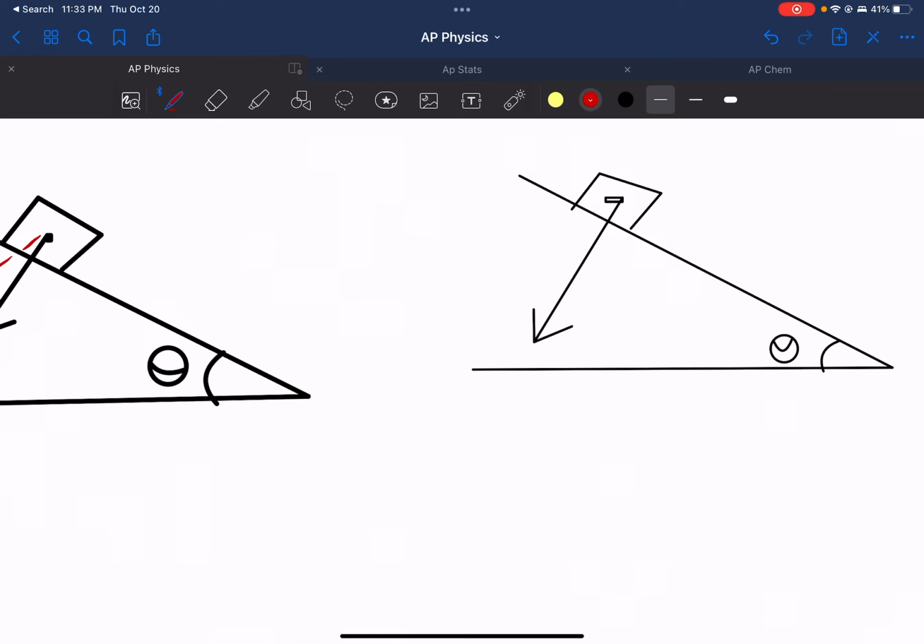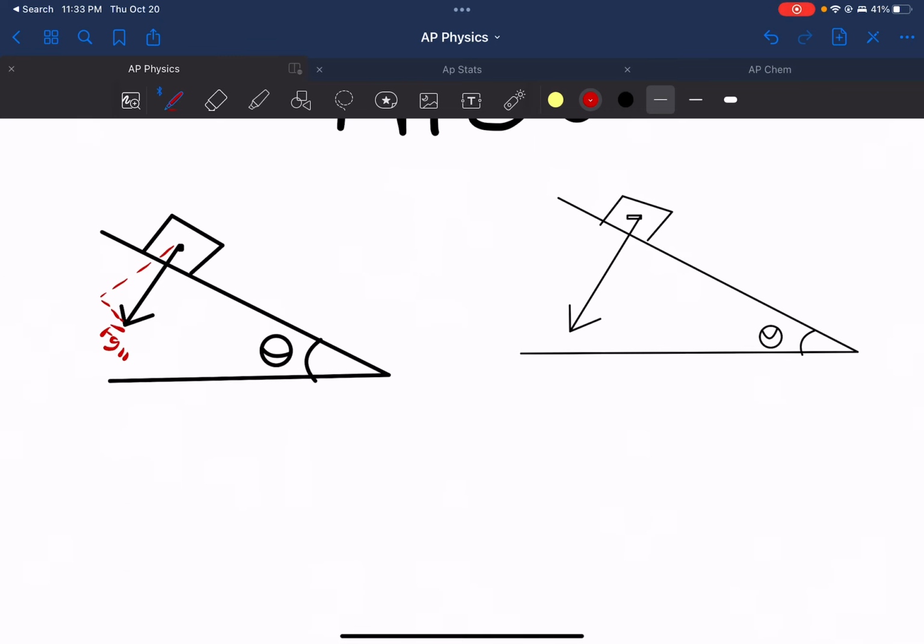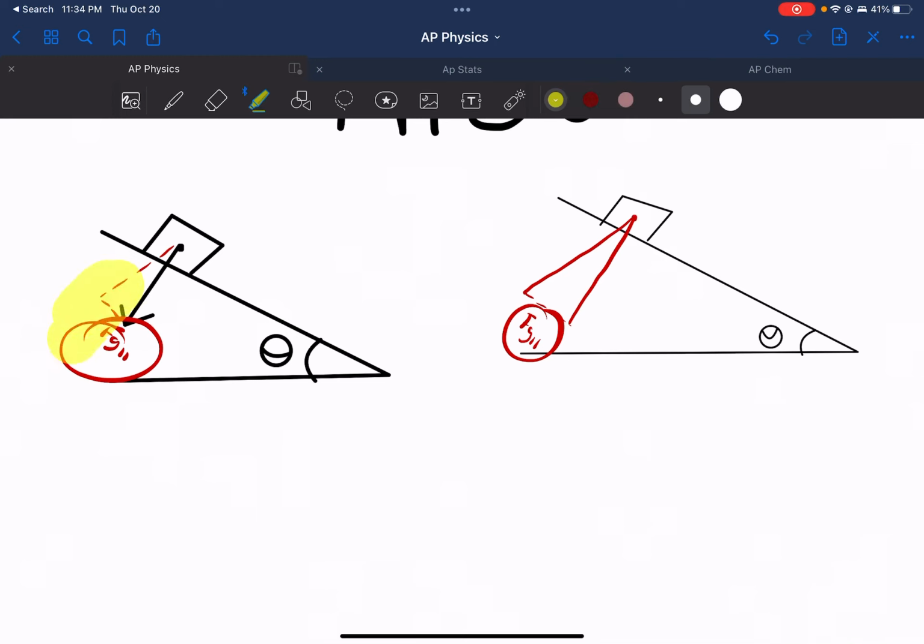Force of gravity is supposed to be right down the middle, so I'm gonna just redo this myself. You can see that the FG parallel is gonna increase, right? You can see that when you increase theta, you're increasing your FG parallel.